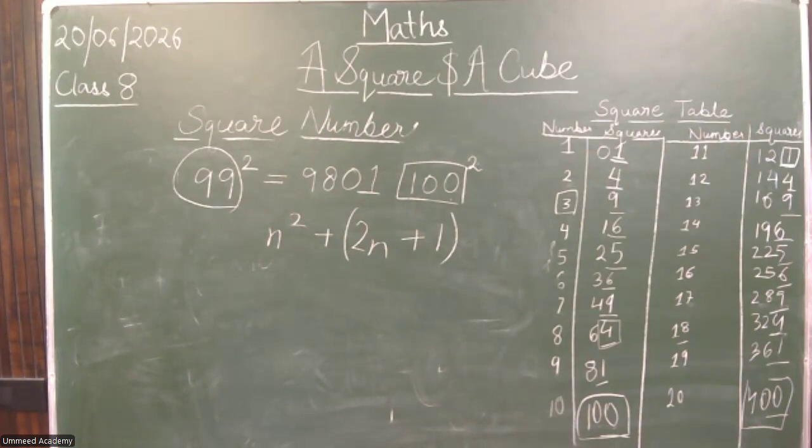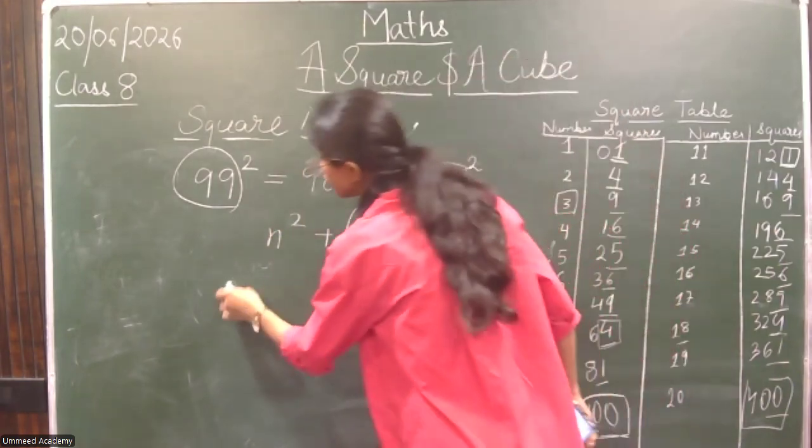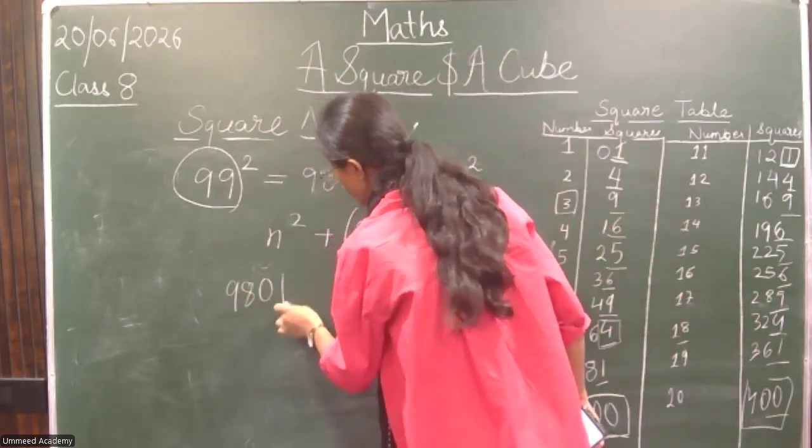Now चलो अब 99 को हम इसकी प्लेस पे लेते हैं और देखते हैं क्या आएगा. So 99 का स्क्वायर तो it is already given, so we will take it as 9801.